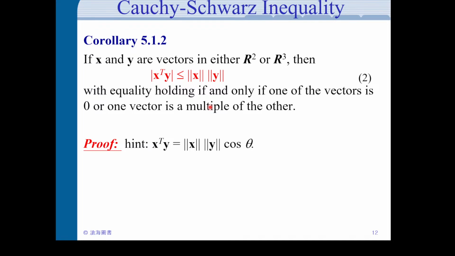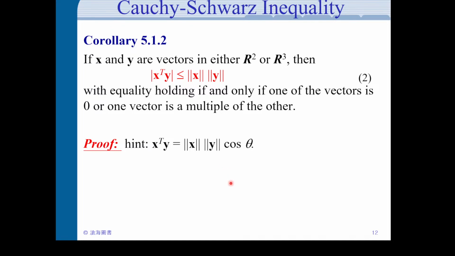It can be easily proved by seeing that the inner product between two vectors is the length of x times the length of y times cosine theta. Basically you take the absolute value of both sides, and you see that this must be less than or equal to this side, because the absolute value of cosine theta is less than or equal to 1.